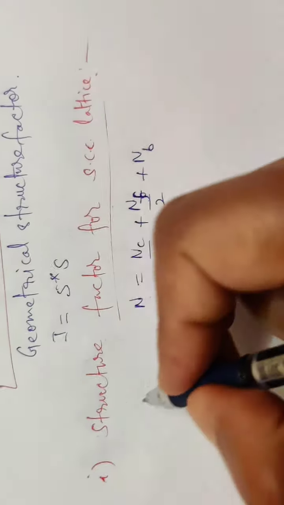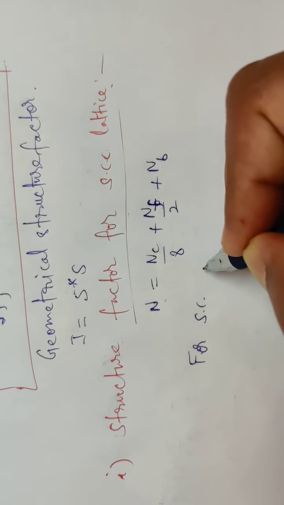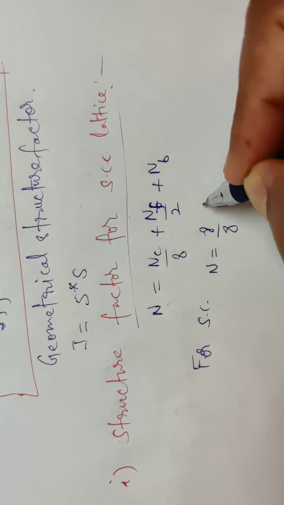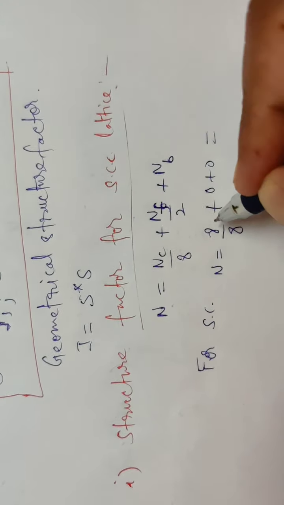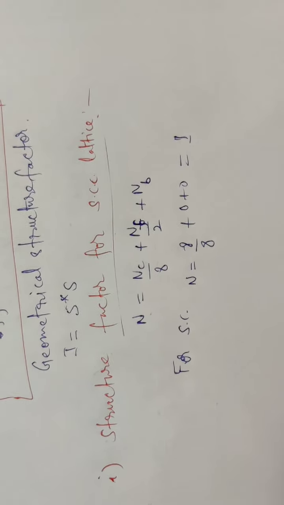So for simple cubic, the number of corner atoms is 8, face centered atoms is 0, and body centered atoms is equal to 0. So here n is equal to 1. Therefore the number of atoms per unit cell is equal to 1.